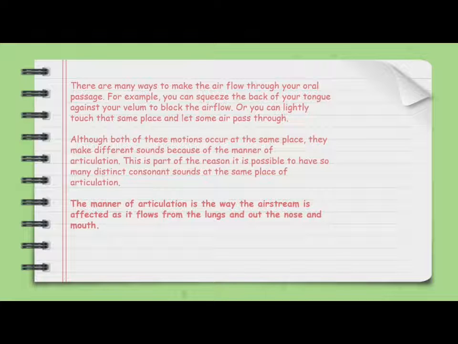Although both of these motions occur at the same place, they make different sounds because of the manner of articulation. This is part of the reason it is possible to have so many distinct consonant sounds at the same place of articulation. The manner of articulation is the way the air stream is affected as it flows from the lungs and out the nose and mouth.